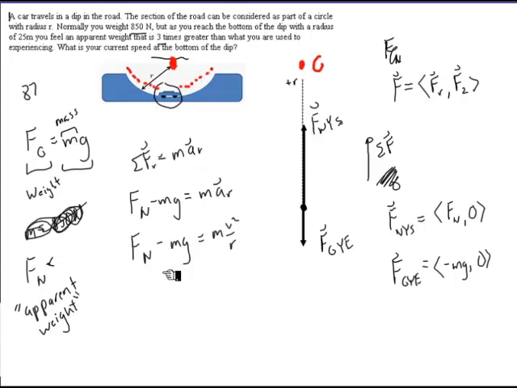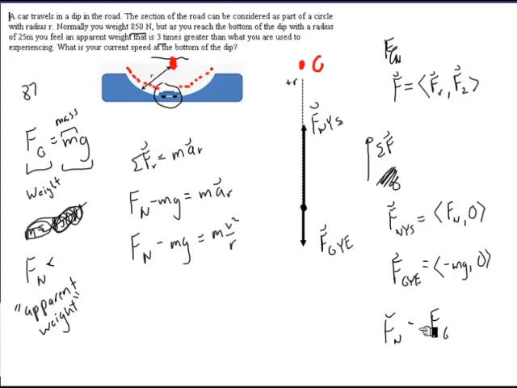And you get to this point where you say, I could solve this, but I don't have Fn. Yeah, you don't directly have Fn, but I give you some information. I say that Fn is 3 times greater than what you're used to experiencing. Well, in your everyday life, how do you think Fn compares to Fg? Like right now in your seat, how does Fn compare to Fg?